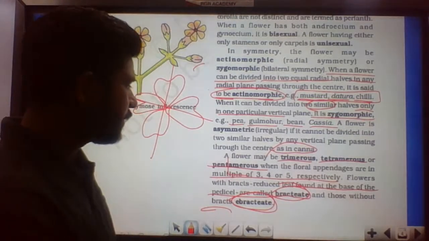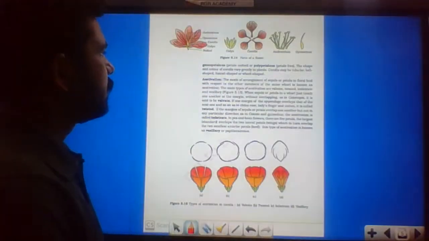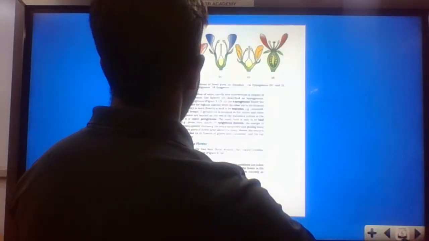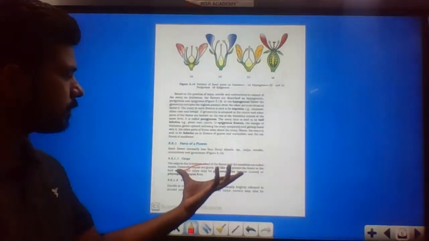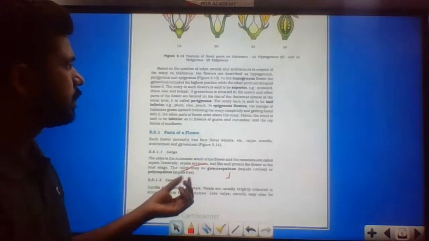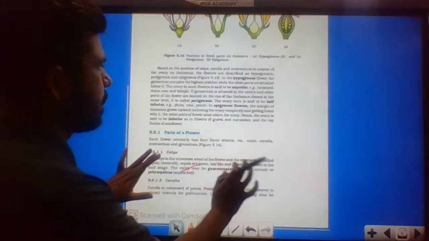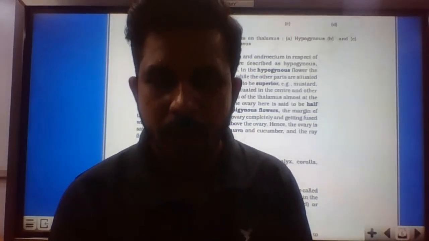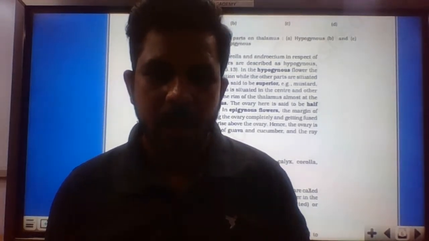Okay, let me discuss the next one. Just look at those examples, the examples seen under symmetry.